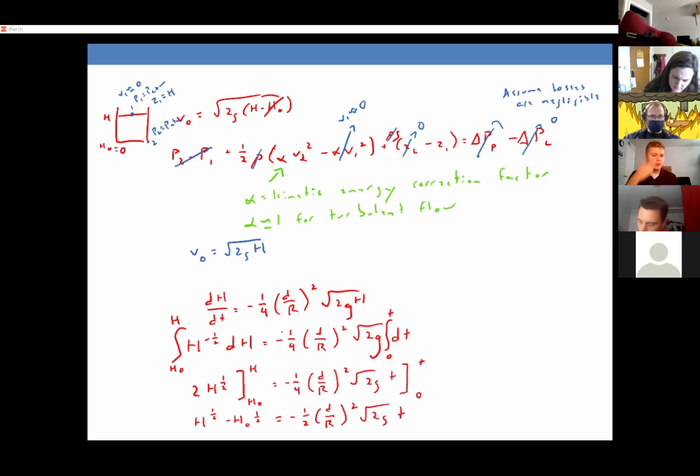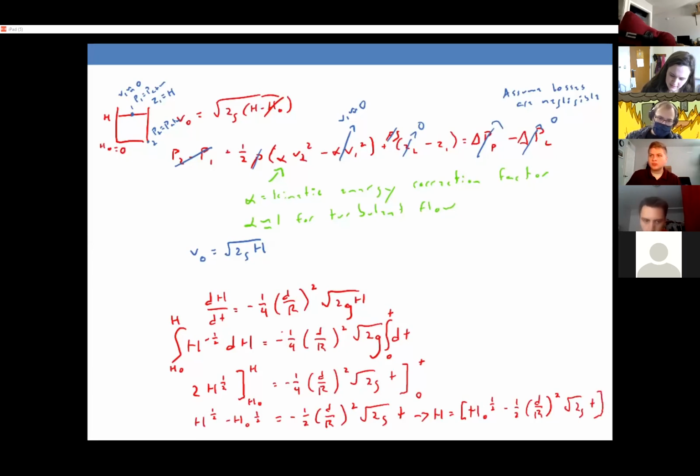And we get, at the end of my slide, okay, we get h is equal to, let's see, negative h naught to the 1/2 minus 1/2 d over r, and I'm sure I could simplify this and make it prettier. Square root of 2g t.